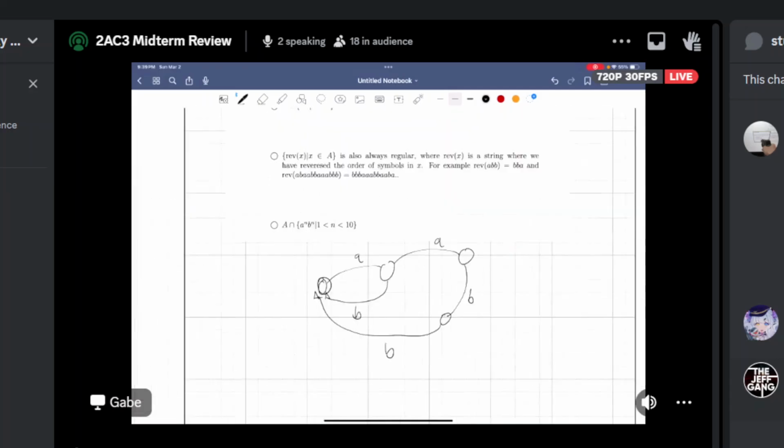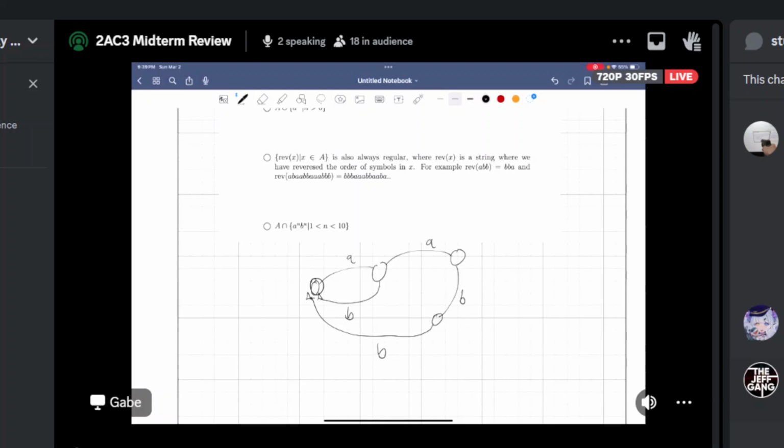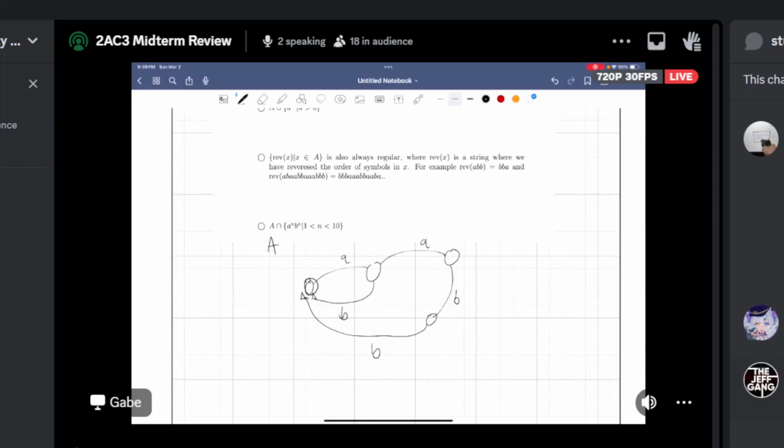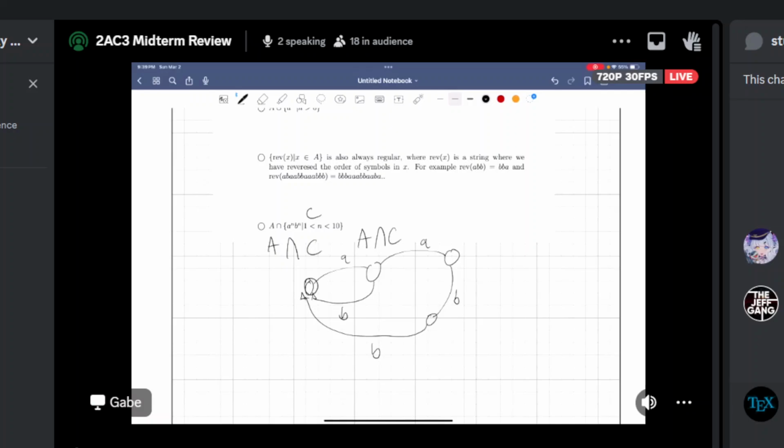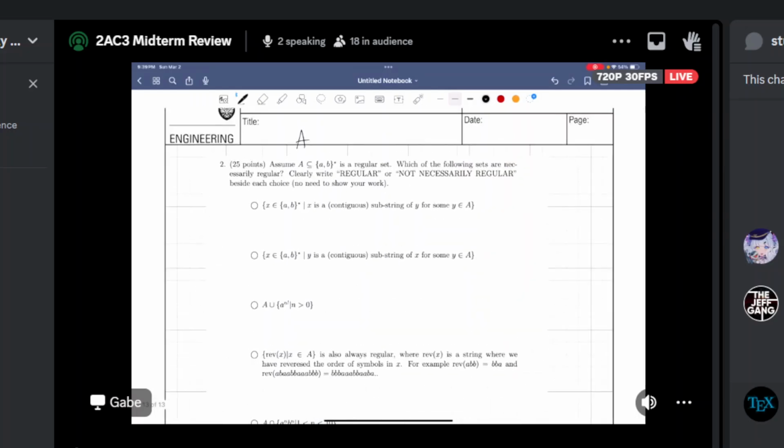So A is regular, this, call it C, is regular. So A and C would be regular. So the answer to this is actually yes, regular. Peter, that's correct. If the condition was that n is just more than 1 and it was uncapped, then it would be unsure. Yeah, it would be not necessarily regular.